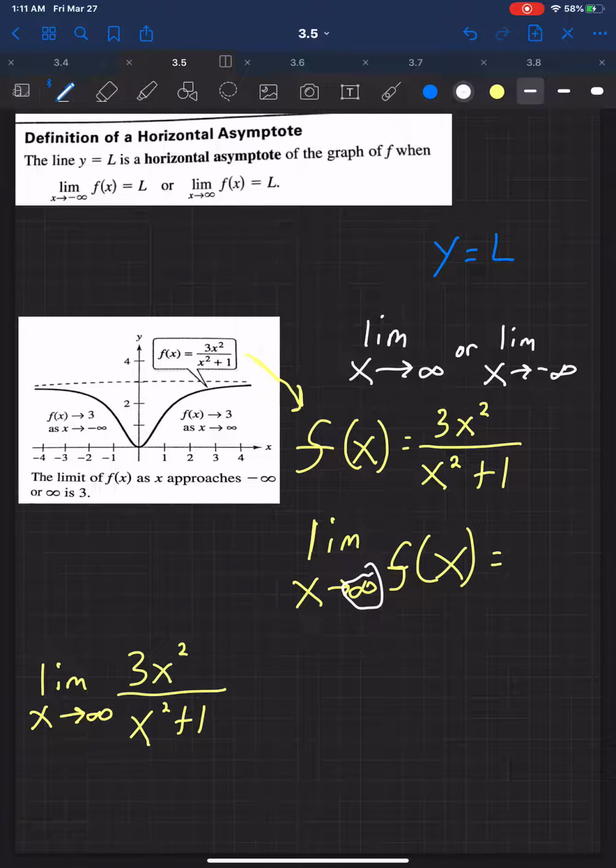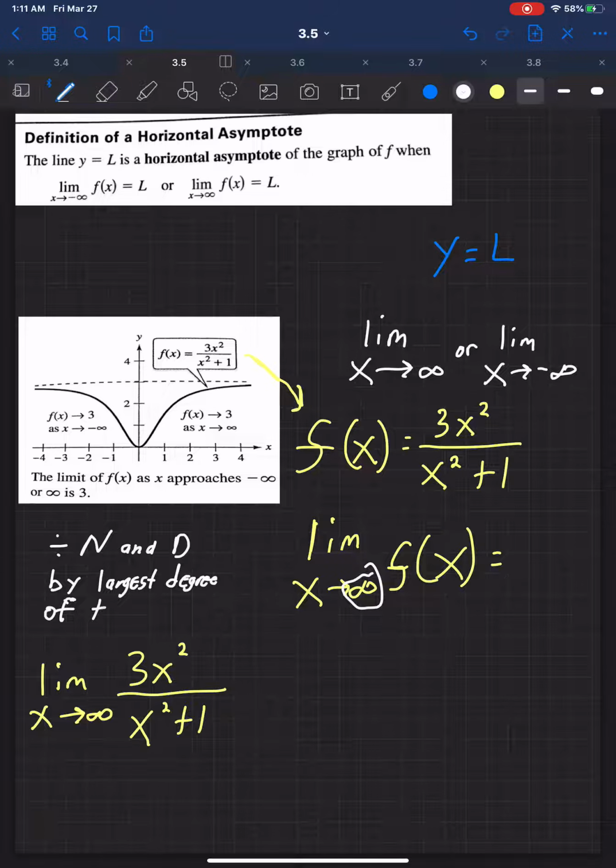I'm sorry for my shorthand, we're going to divide the numerator and the denominator by the largest degree of the denominator. I don't know that is quite formal the way I said that.